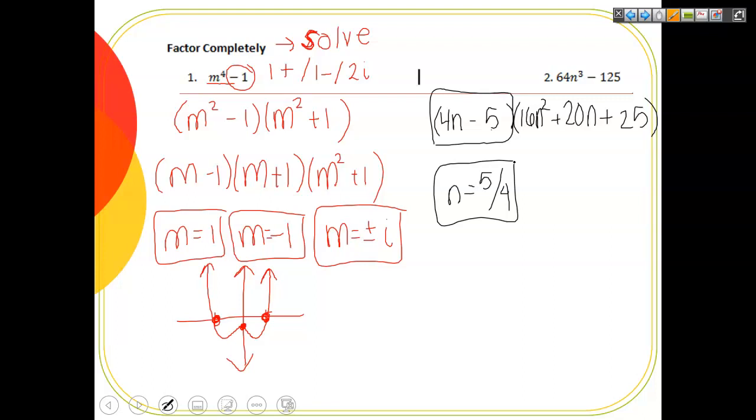So if I have one positive and no negative, then I am left with 2 imaginary. If you were to solve this quadratic, and I could, but 20 squared is going to give me 400 and 400 minus all those big numbers, I don't really want to do that in my head. My calculator's back there. But you would get 2 imaginary roots. So you would use the quadratic formula to get those 2 imaginary solutions. And again, you see that from the discard scroll. That's where that rule is super nice.